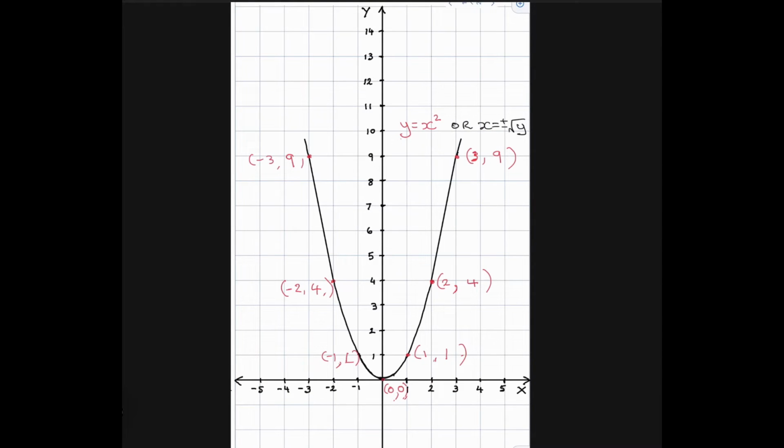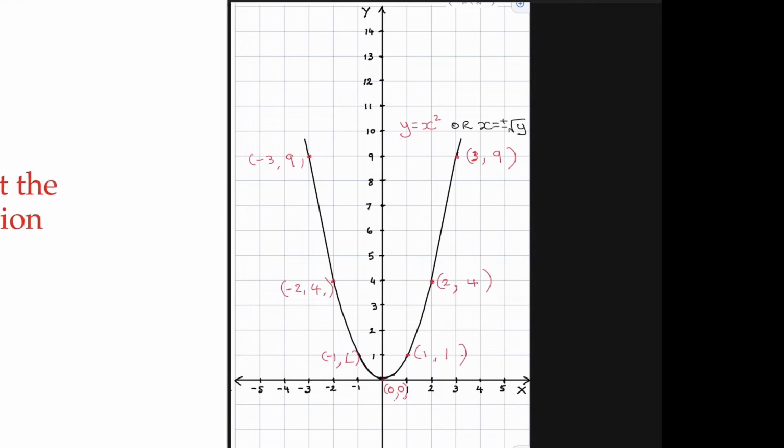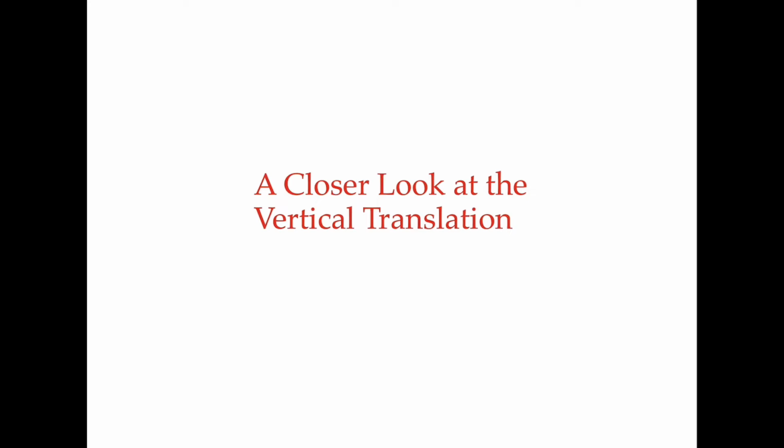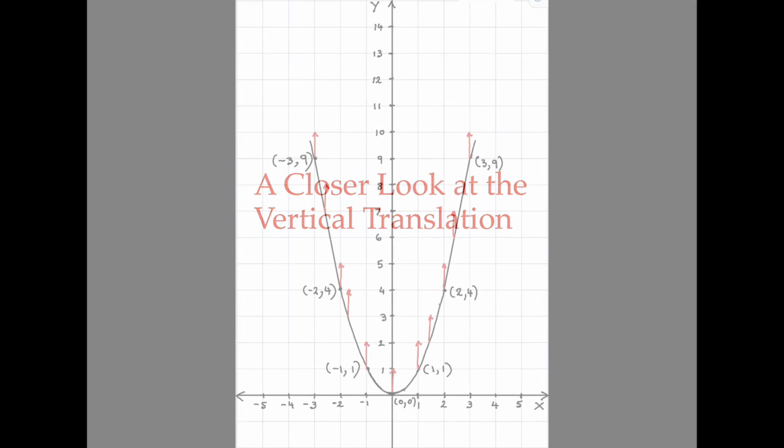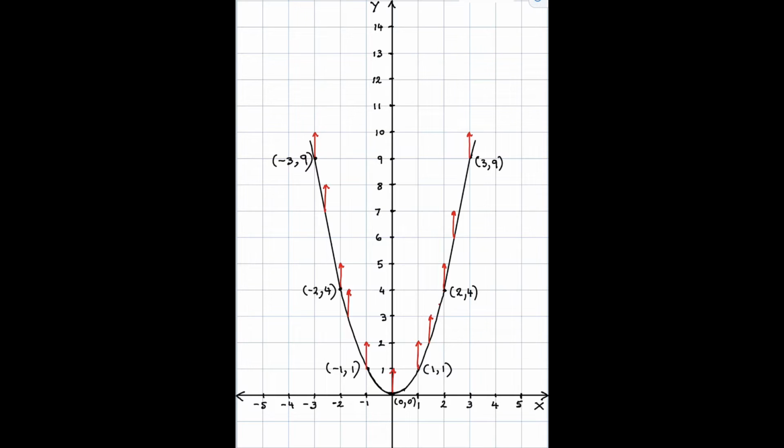Which form of the function we choose to focus on when applying a transformation depends on whether the y values or the x values are affected by the particular transformation. A vertical translation of 1 unit up results in 1 being added to the y values of each point on the original curve. With this type of transformation, the x values remain untouched.